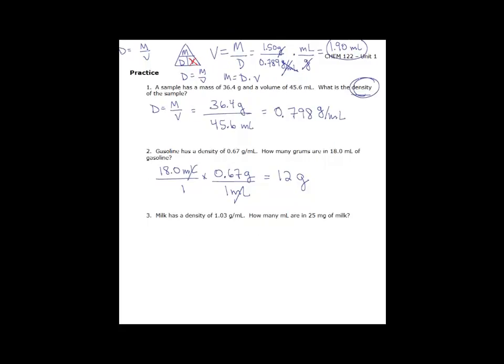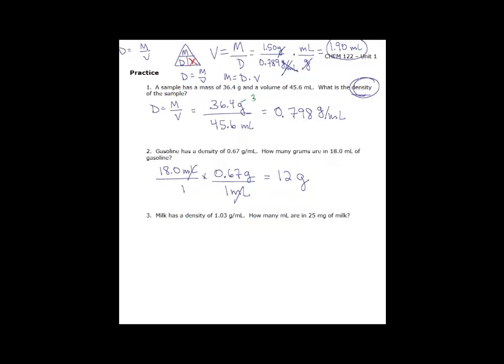Okay, so the first one just asks you for density, and so it's not really a conversion problem. It's just putting mass over volume. So it's not really a conversion factor like we'd seen with the first example that I did. So you just have to think, what is the definition of density? It's mass over volume, and then you have to plug in the mass and plug in the volume, and then adjust for the sig figs.